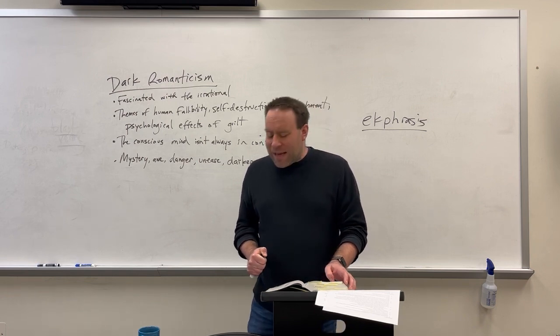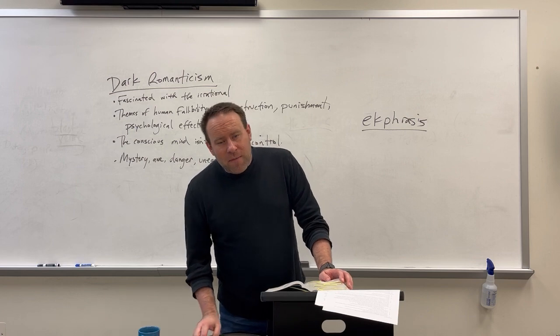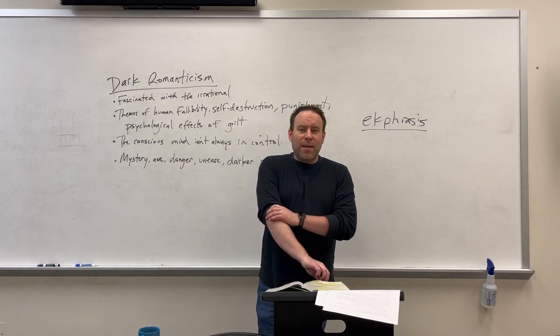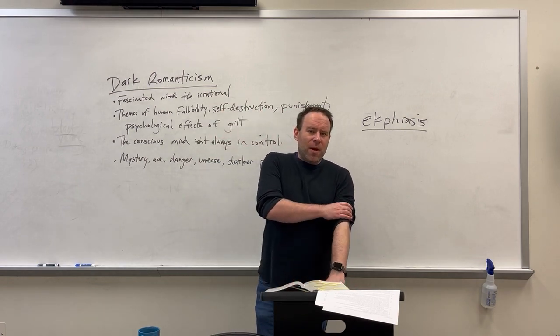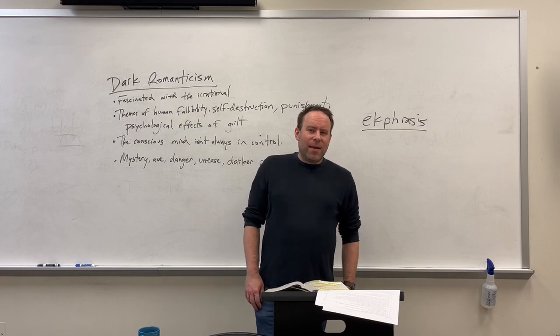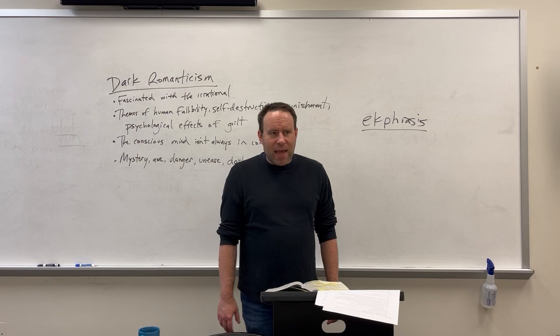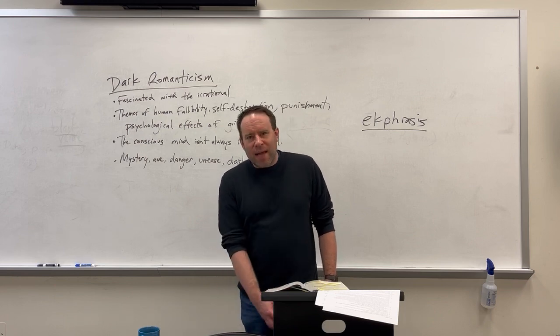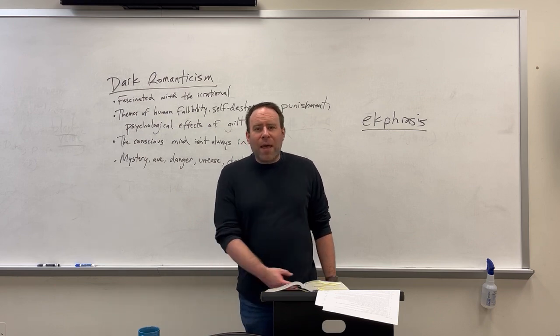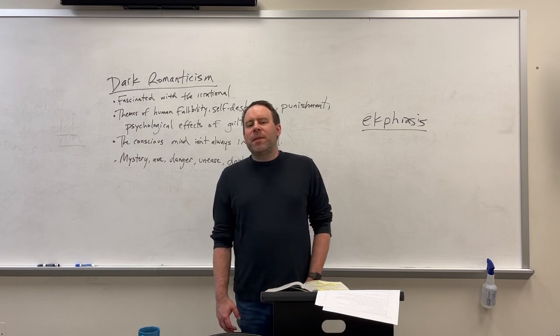Ahab is a fascinating and remarkable literary figure in a number of ways. He's famous for his peg leg, as it's called. He's missing a portion of his leg, and he has a prosthetic that's made out of whale bone that helps him walk.